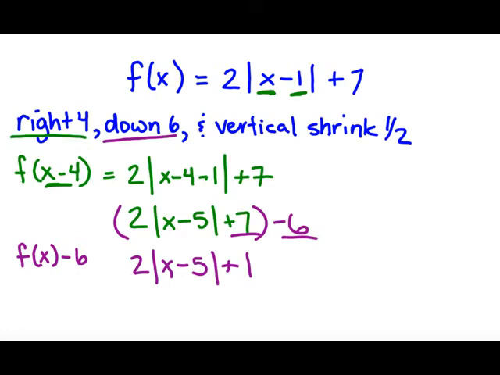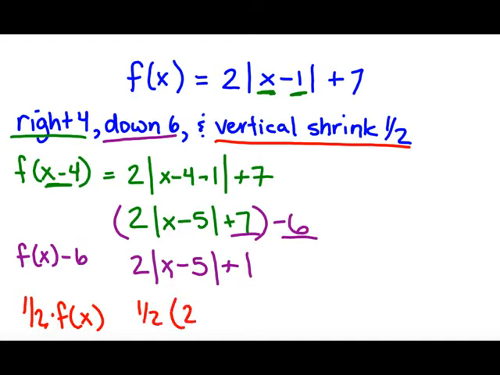My final step says vertical shrink by a factor of half. So that means we take 1/2 times our function. So we're going to take half of that whole function. Now when we do that, we only multiply the coefficients. So 1/2 times 2 is just 1.